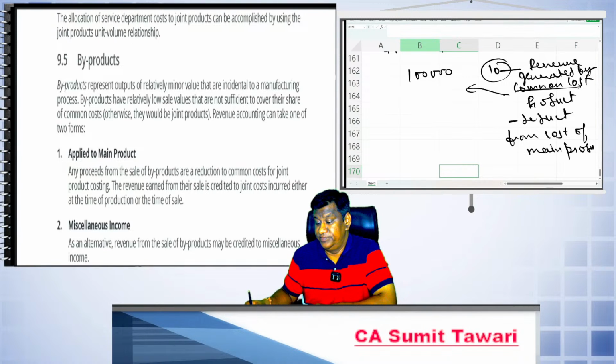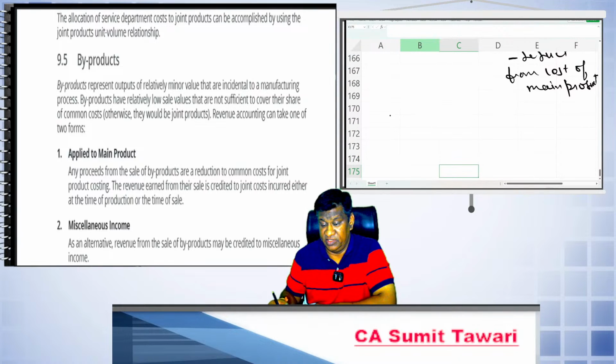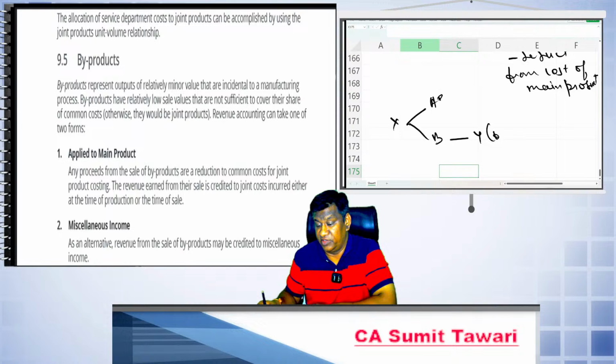For example, X is a common input, then A and B. At the time of producing B, there is a Y byproduct. That can be possible.